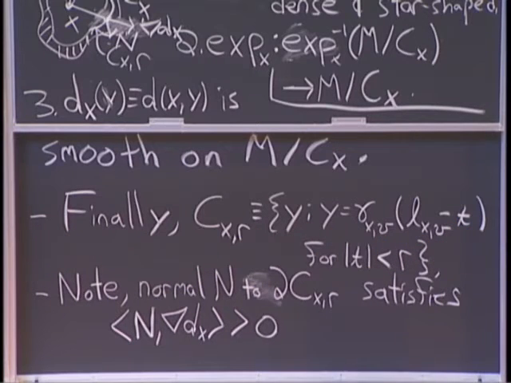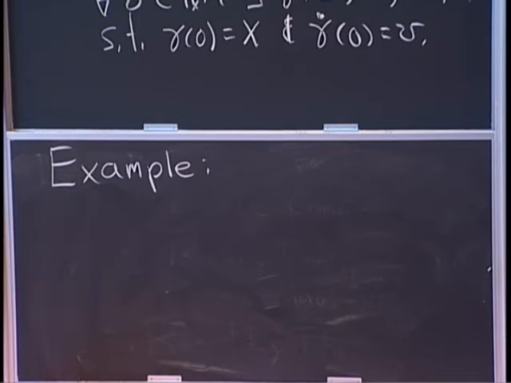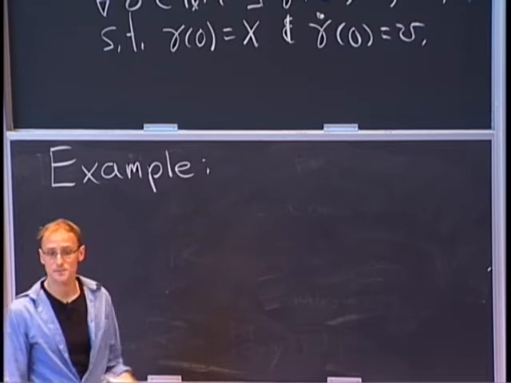To understand this, let's look at an example real quick. We've had lots of theorems floating around. Well, what are the easiest examples of Riemannian manifolds? The most basic ones are the space forms.